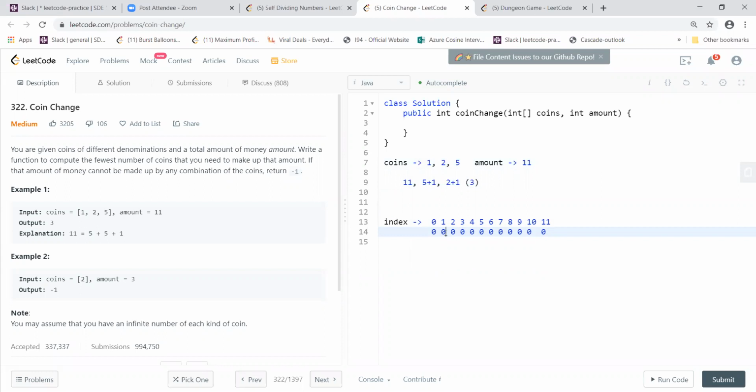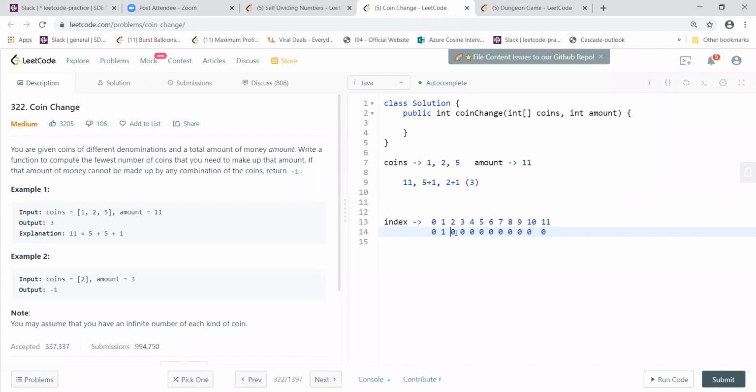I start with the 1 because I have 11 of them. I start with the 1 and just see if this coin denomination 1 is lesser than or equal to this index. So here it is equal, so I can just add 1 over here because one coin can fit in this one.